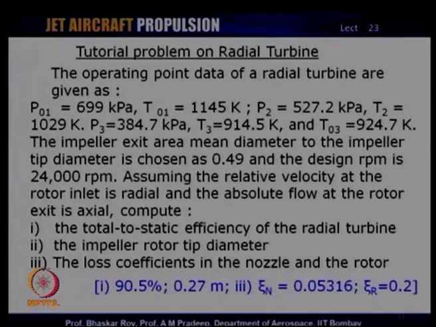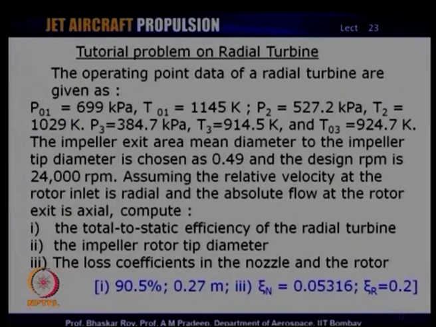Assuming that the relative velocity at the rotor inlet is radial, as we have done before, and the absolute flow at the rotor exit is axial, again as we have done before, you are asked to compute the total to static efficiency of the radial turbine, the impeller rotor tip diameter, and the loss coefficients in the nozzle and the rotor, using the definitions of the loss coefficient that we have done in the lecture.